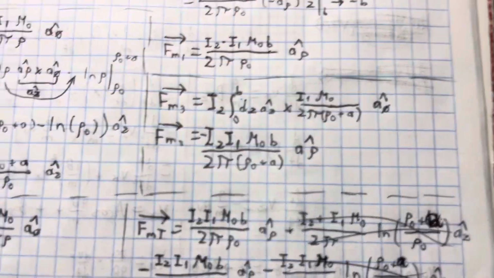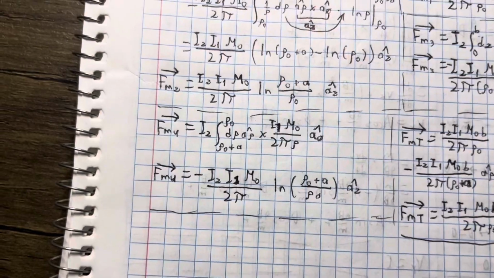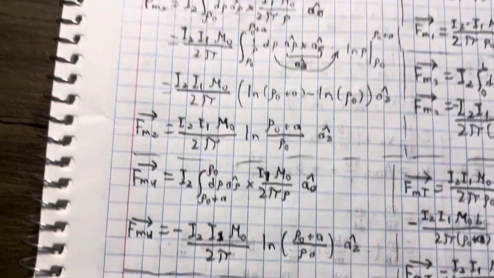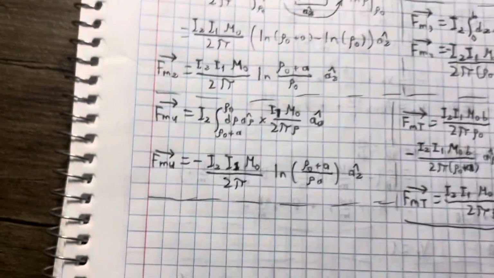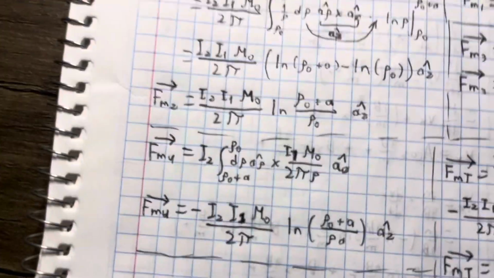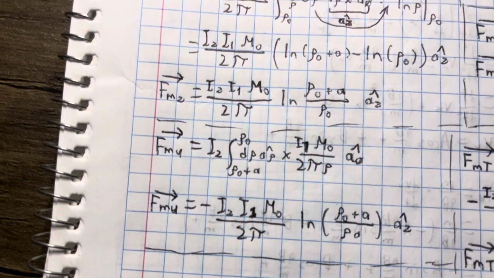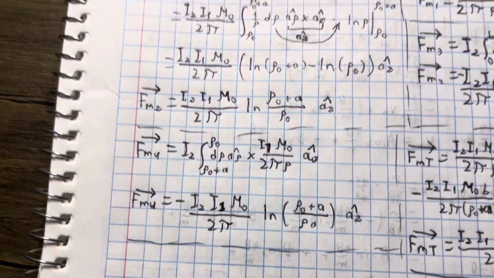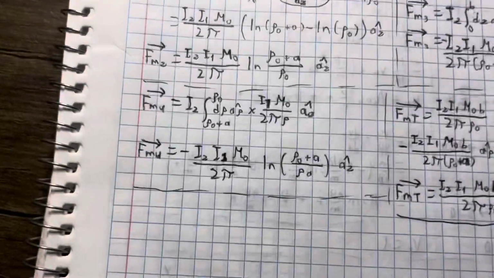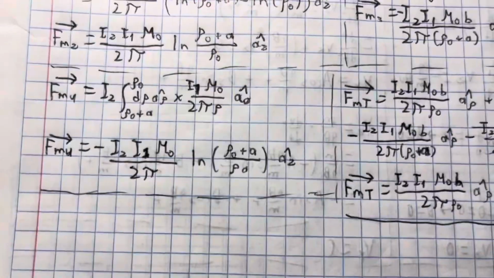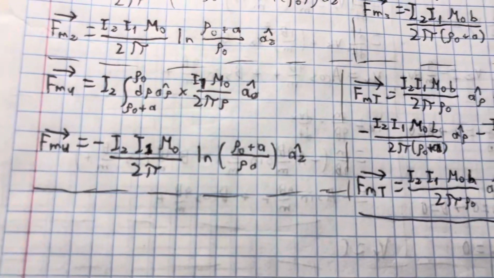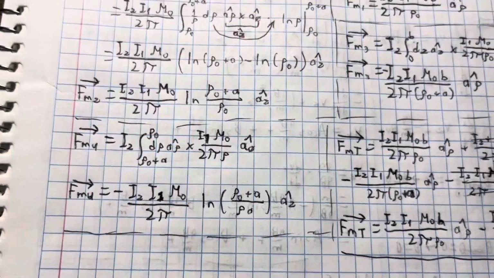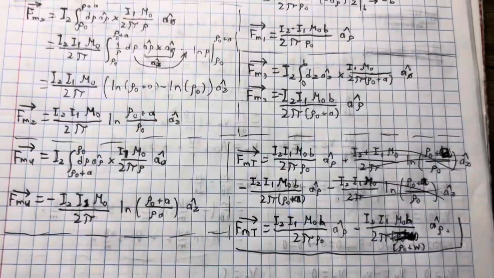It's in the positive rho vector. And the force in segment 4 is basically the same when comparing it with the force in segment 2. It's basically the same, just the integral limits change, but we can leave it all the same, just changing the sign, and that's it. And the rho is the same too, it's the same vector for the rho. So when performing the cross product, we get that it's in the negative z vector.